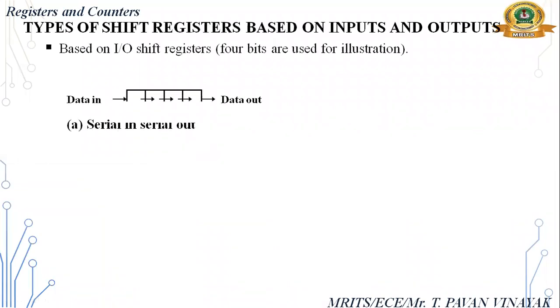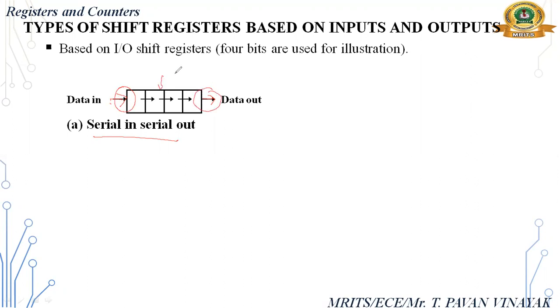So first one is serial in, serial out. Serial in, serial out means data is accepted serially and output is given serially. Means we give input at the first flip flop, and at the last flip flop we take output.